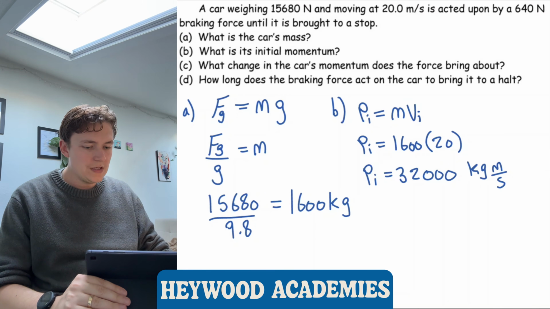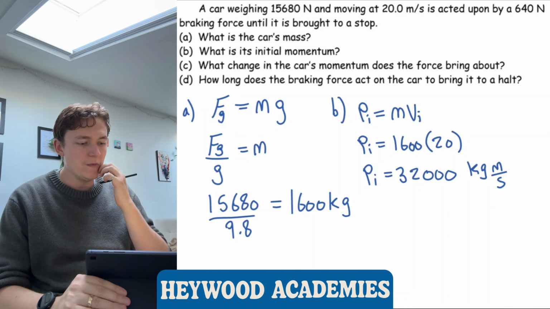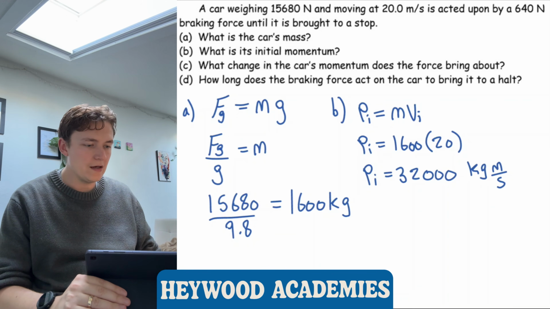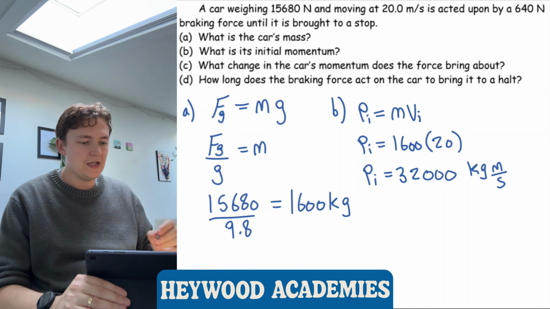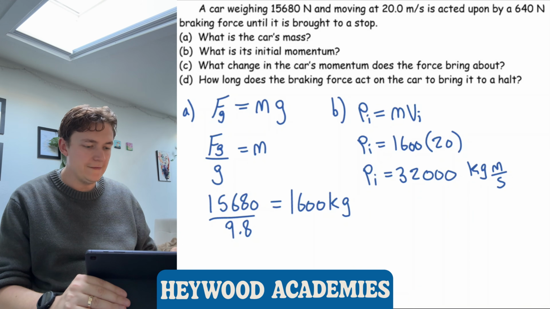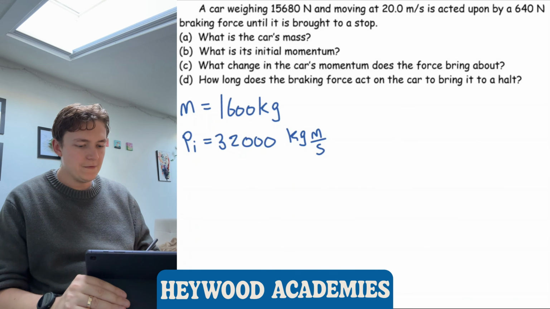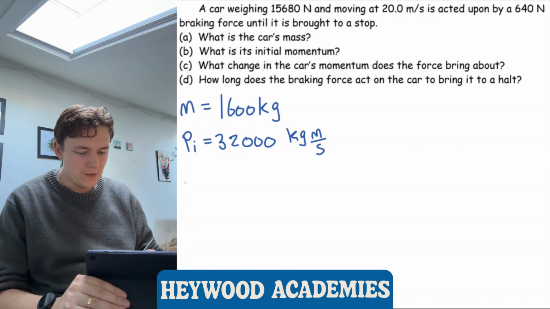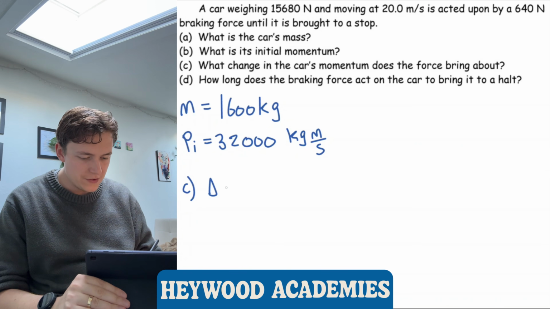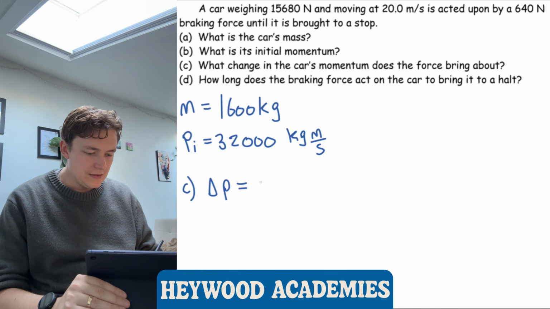Now our next question is, what is the change in the car's momentum that the braking force brings about? We know that this thing comes to a stop, so we can use that to figure out our change in momentum. So we can start with our change in momentum is our final momentum minus our initial momentum.